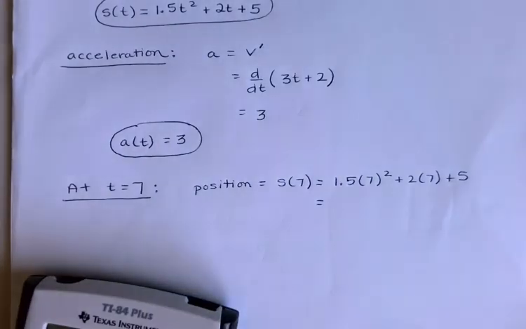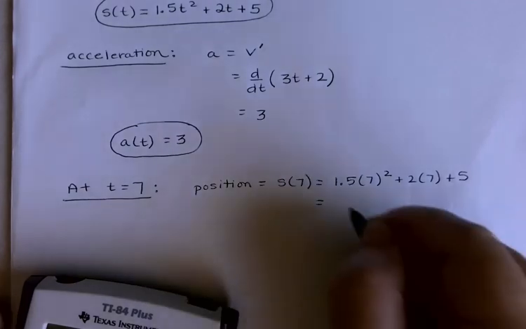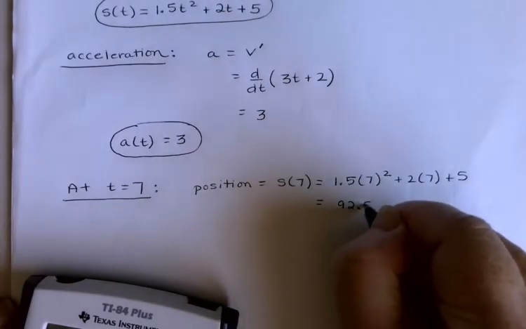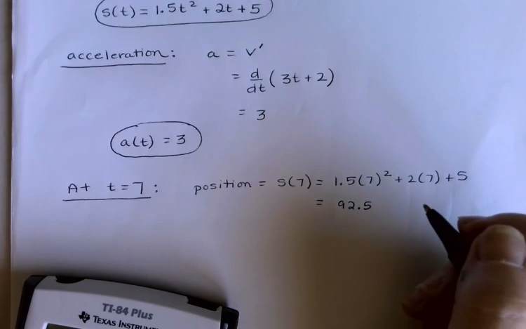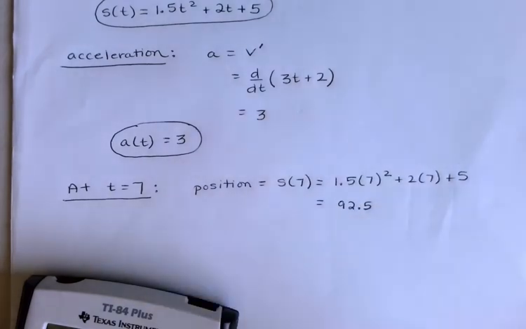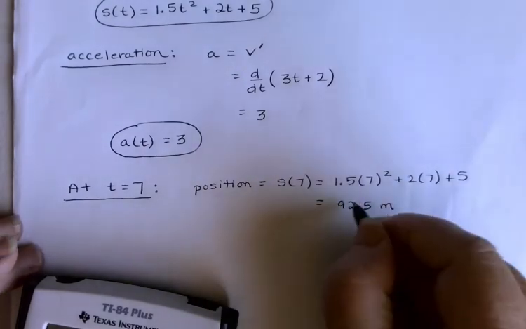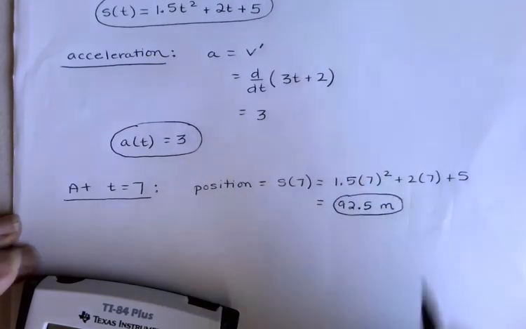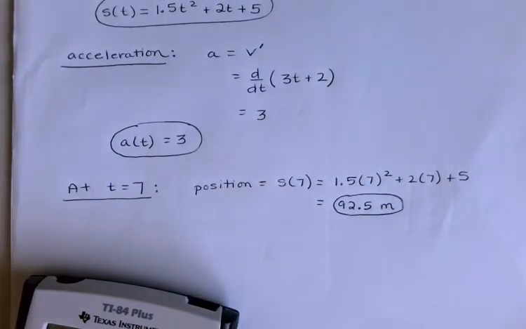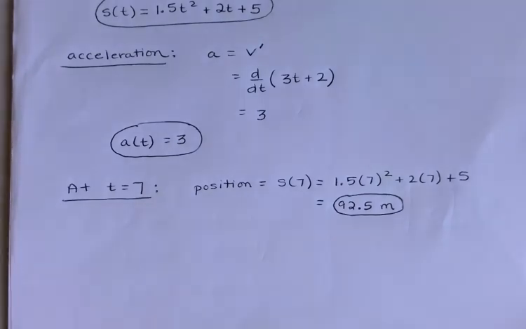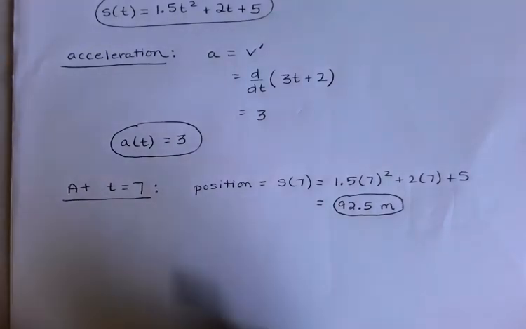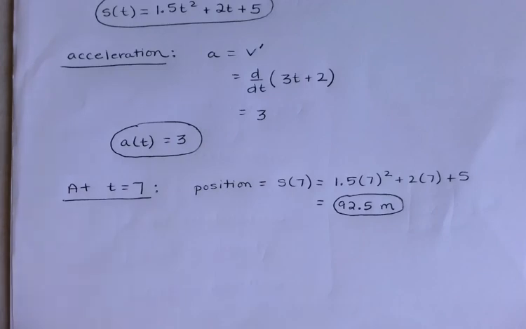What do we get? 92.5. They didn't give us any information about units. Let's just assume we're talking about distance units of meters here, since I didn't tell you. So after 7 seconds, the position would be 92.5 meters from some arbitrary starting point, which we called 0.